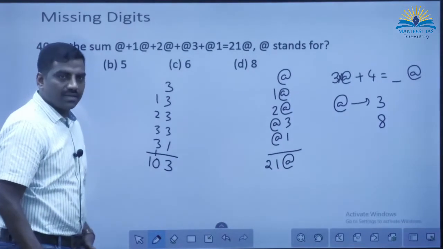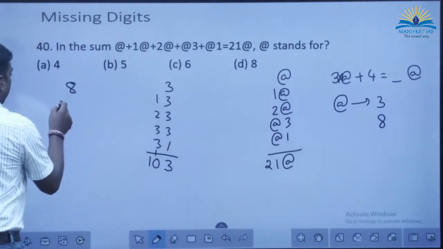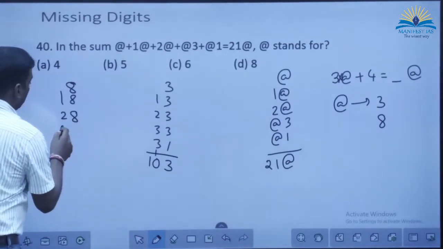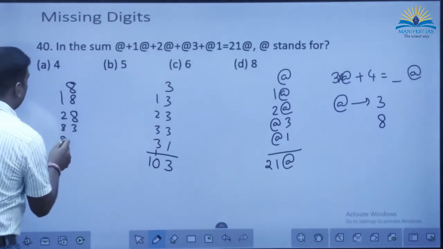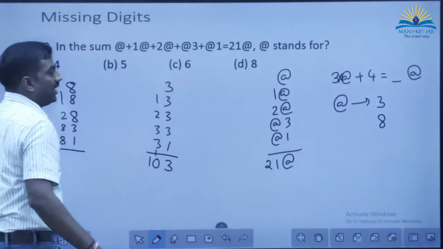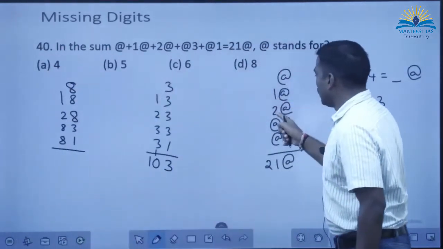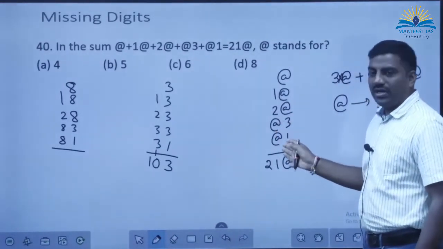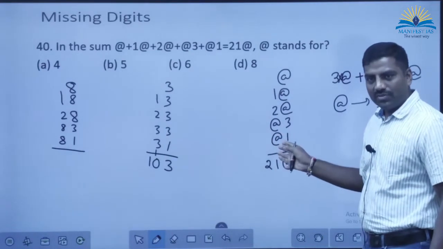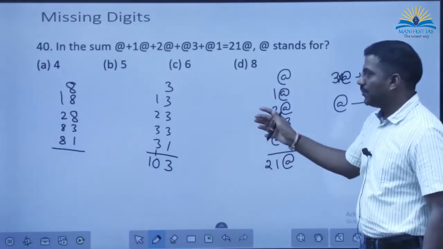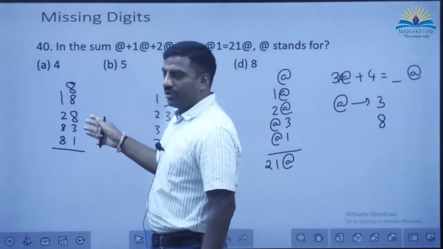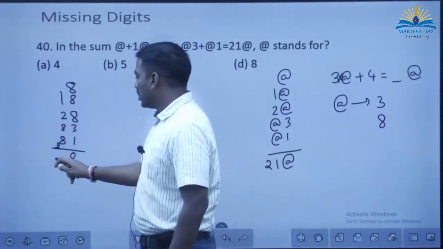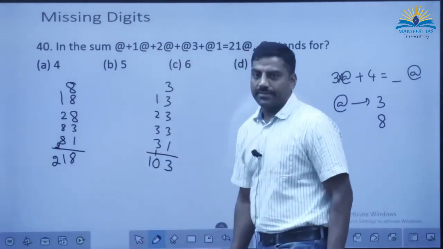No. Now the answer is 8. Verify. 8, 18, 28, 83, and 81. And here only we can decide. 1, 2, 3, 3 will give us the sum 9. Even if you get a carry of 3 or 4 or 5, it will not satisfy. So you can decide upon 8. Here, 8 3s are 24 plus 4, 28, 2. So total 21. 2, 1, 8.